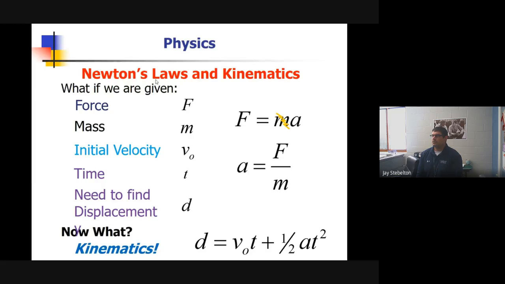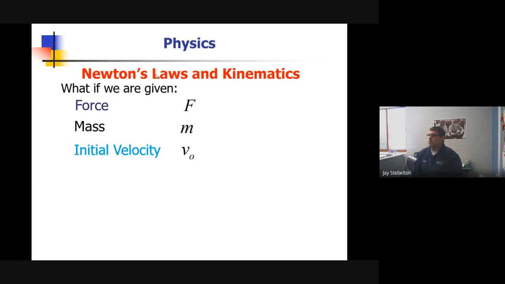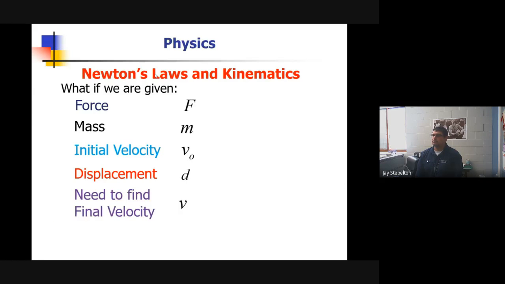How about if instead we are given the force, the mass, the initial velocity, and the displacement, no time, and told to find the final velocity? Well, again, start with Newton's second law. F is ma, and with a little easy algebra, I can determine the acceleration. And now what?